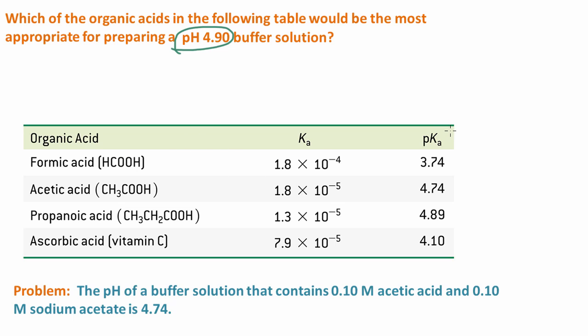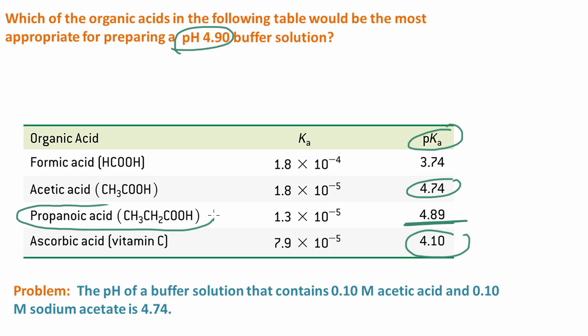What did we say? pKa should be as close to the desired pH as possible. So 4.74, no, that'd be too low. 4.10, that'd be too low. But it looks like 4.89. So the best acid for this buffer would be propanoic acid.